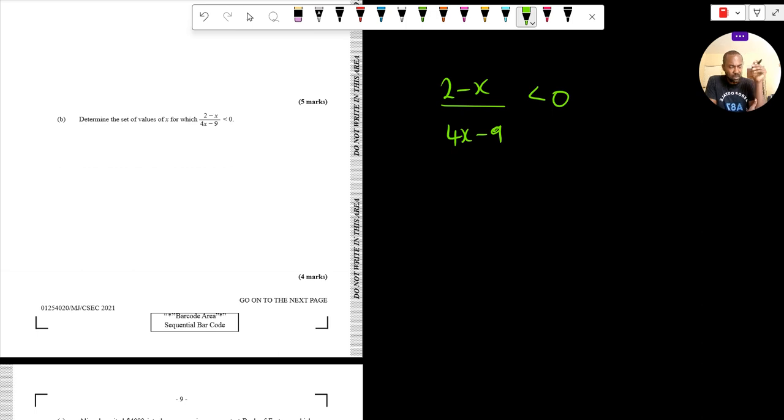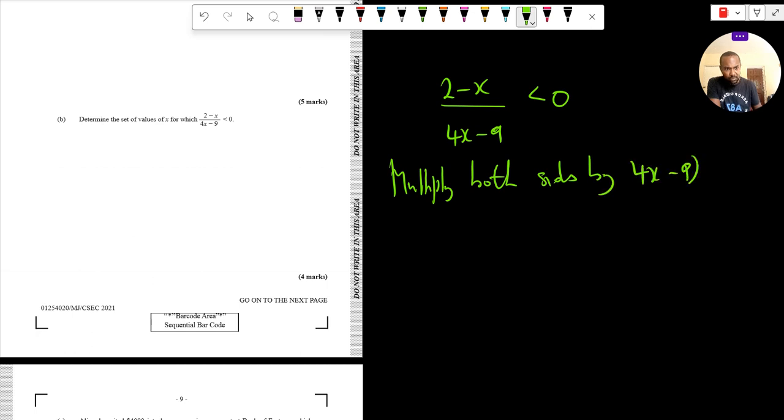However, to avoid that possible confusion, what we're going to multiply across by is 4x minus 9 squared. So we're going to multiply both sides by 4x minus 9 squared.